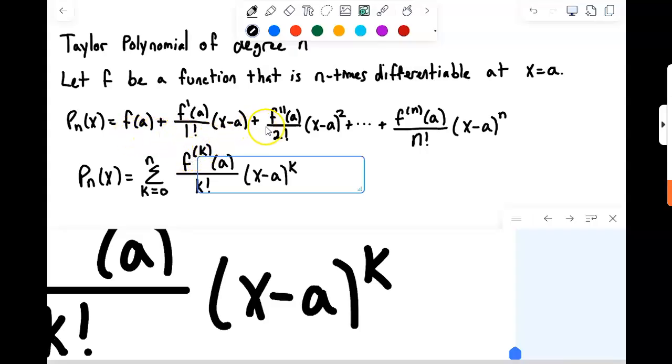First derivative, second derivative, and so on, all the way up to the nth derivative. But the 0th derivative would be the function itself, and remember that 0 factorial is defined to be 1. Okay, so everything works out so that this just produces that same sum.